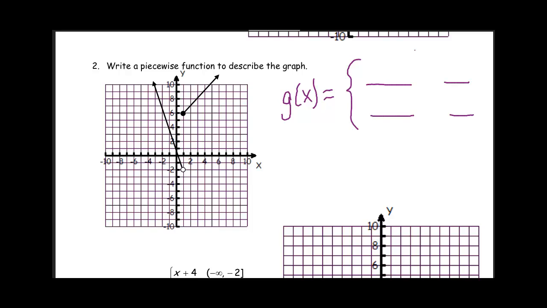So our first piece, I like to start at the left side, is this right here. So to me that looks like a line with a slope that's definitely negative. I'm thinking that it has a point right here. So maybe a slope of -3. So I'll say -3x. And its y-intercept is at 1, so I'll put +1.